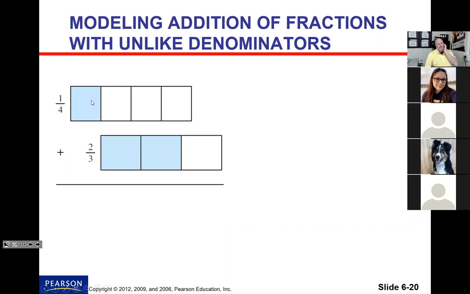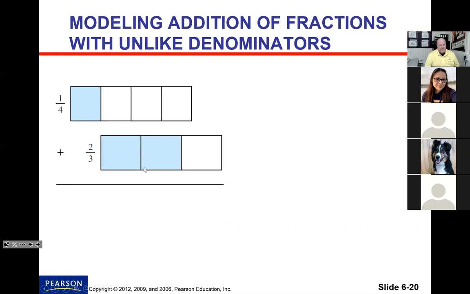The problem with this one is we've got a 1/4 that's broken into 4s, but this one's broken into 3s. Yikes. If you look, you see how we offset it, because basically we're going to take all of this blue stuff from 1/4 and all of this blue stuff from 2/3 and add them together. The only problem is we don't have a common denominator.